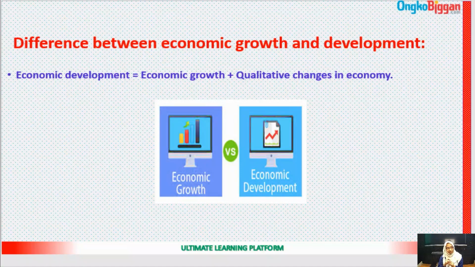Not only in national income, but a qualitative change in the economic condition is needed for economic development. Economic growth is a phenomenon of market productivity and increases in GDP.